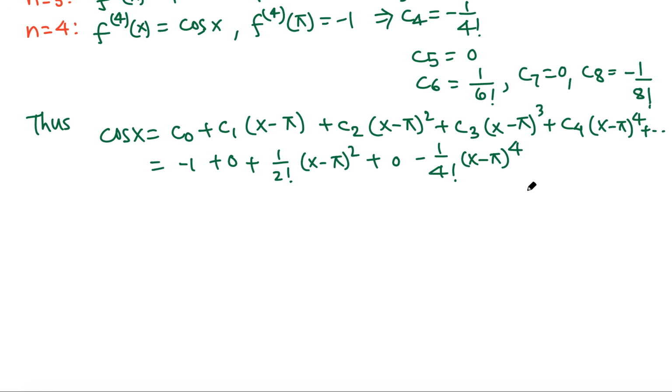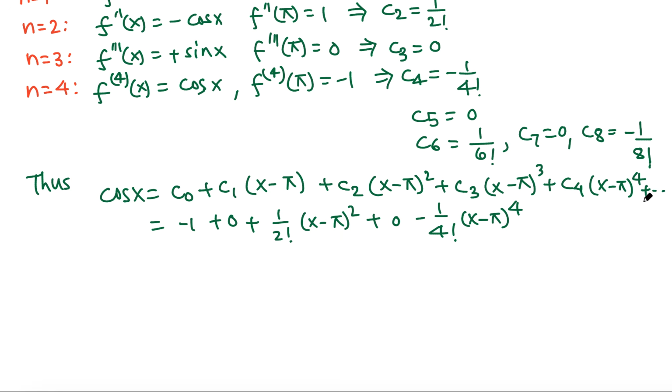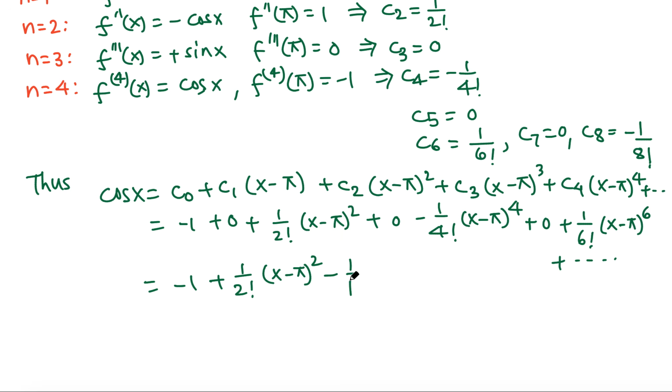And we have c5 now. c5 is 0, c6 is 1 over 6 factorial times (x minus pi) to the 6th. We did not have that written, but we would get this, plus etc. If we just write down the non-zero terms, we get -1 plus 1 over 2 factorial (x minus pi) squared, minus 1 over 4 factorial (x minus pi) to the fourth, plus 1 over 6 factorial (x minus pi) to the sixth.